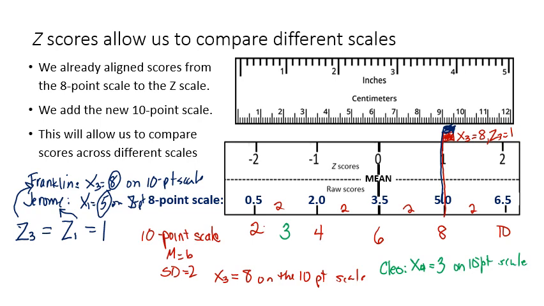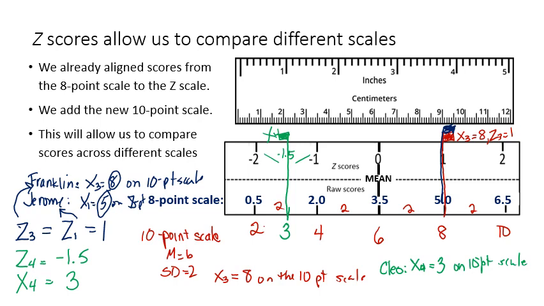So we can draw the line right here, straight up, and we can find that x4 is right here, and the score right in the middle of -1 and -2 would be -1.5. So we know that z4 equals negative 1.5. x4, of course, equaled 3. This allows us to compare scores on different scales using a common language.